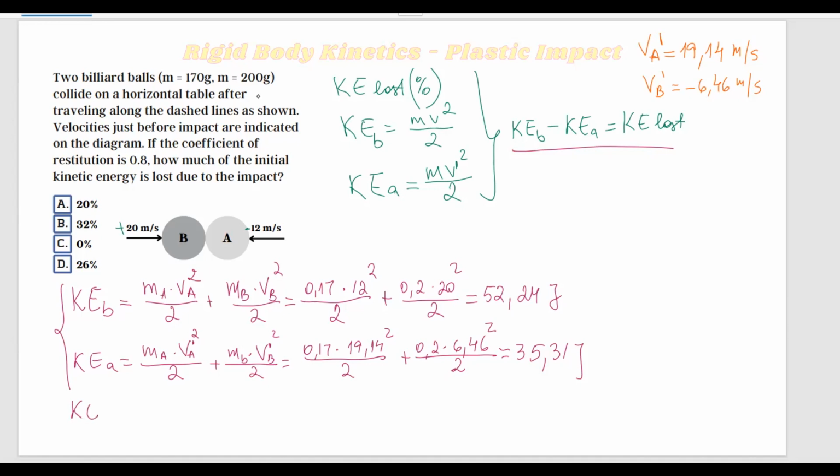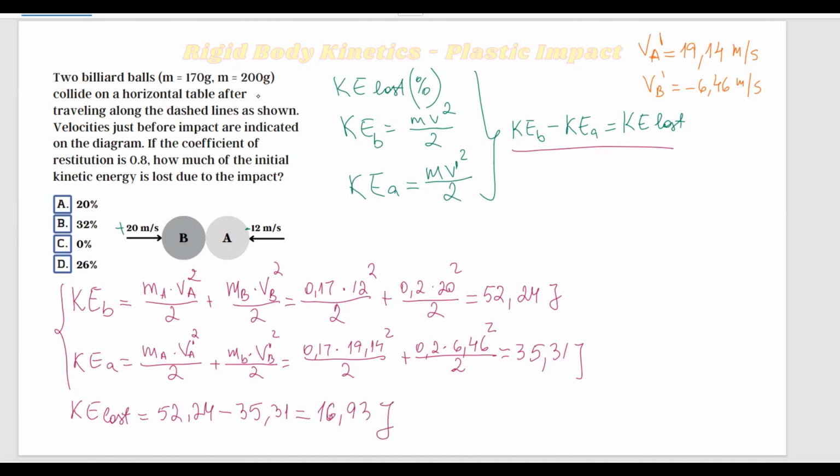So the kinetic energy that is lost is going to be equal to 52.24 minus 35.31. And this gives you a value of 16.93 joules.